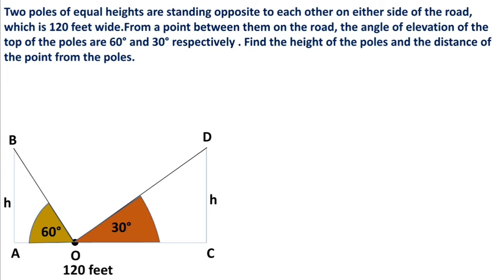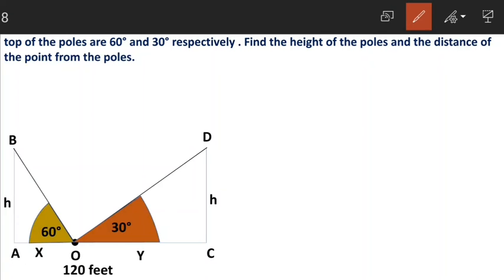Now we have to find out the distance AO and OC also. Let X represent the AO length and Y represent the OC length. Now we have to find out this H value, X value and also Y value. Now just try to solve this problem.